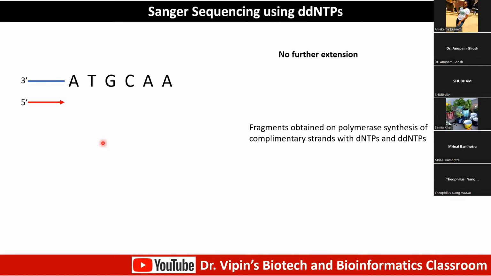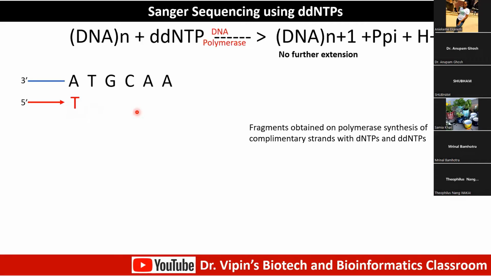The polymerase will have a choice of adding a normal thymine or a dideoxythymine. If a dideoxythymine gets added, no further extension happens. However, where you have a normal thymine, it moves to the second position. Again, it has an option of adding a dideoxyadenine or a normal adenine. If a dideoxyadenine gets added, you will not get further extension.